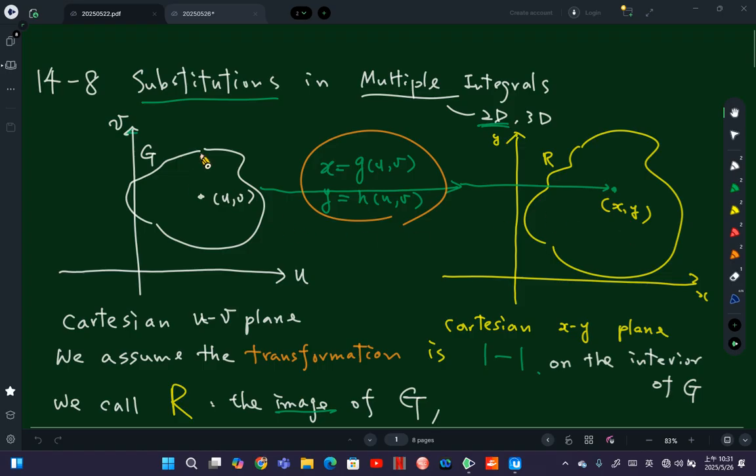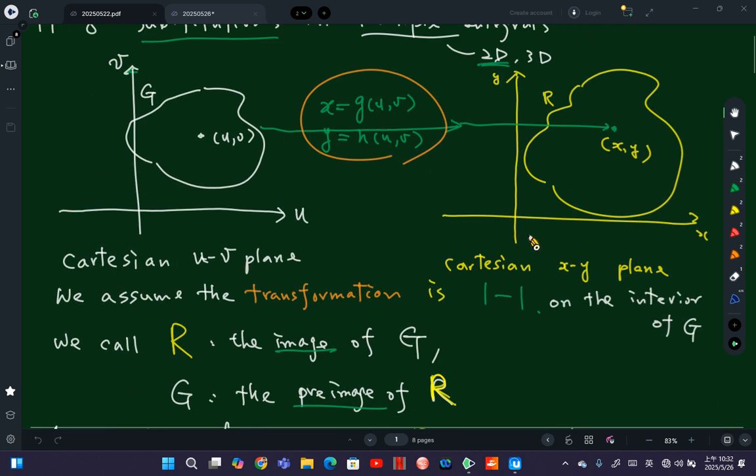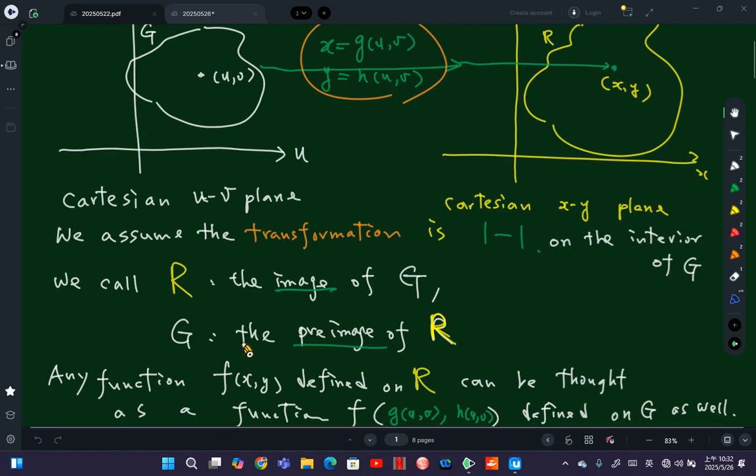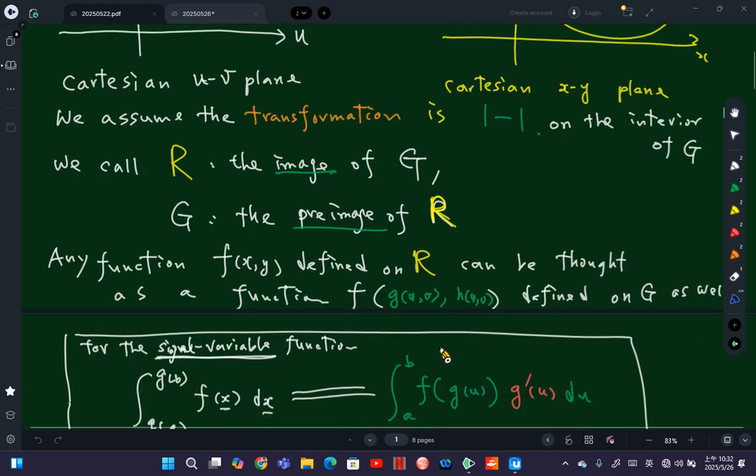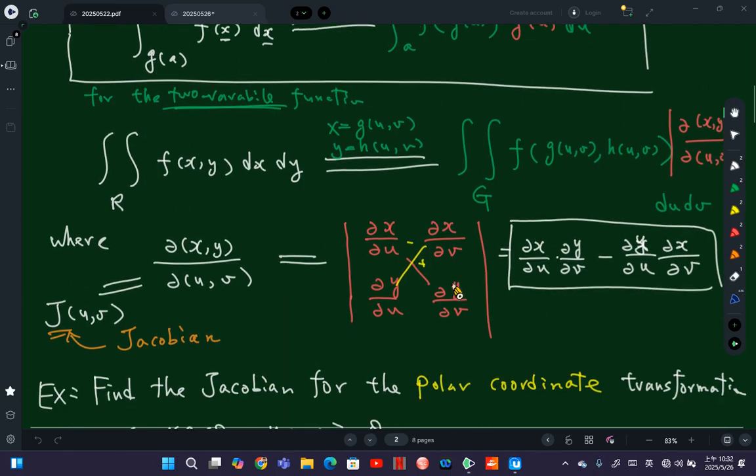But if the region G and region R can be mapped one to one from G to R through these two functions, x is equal to g of uv, y is equal to h of uv, then we call R the image of G, and we also call G the pre-image of R.